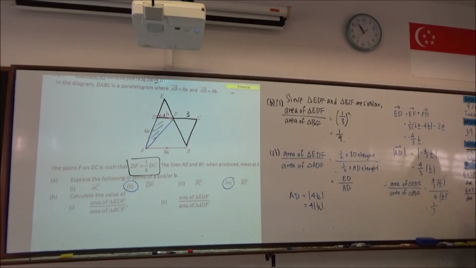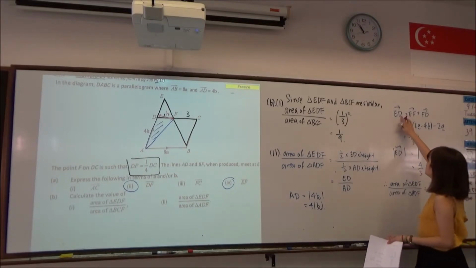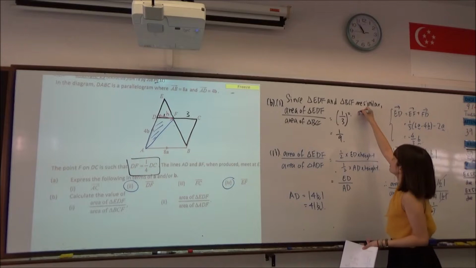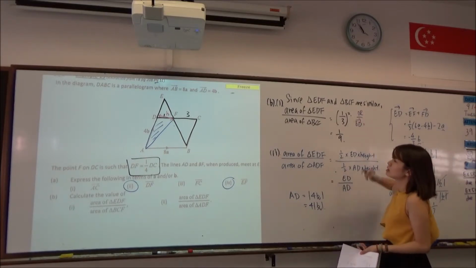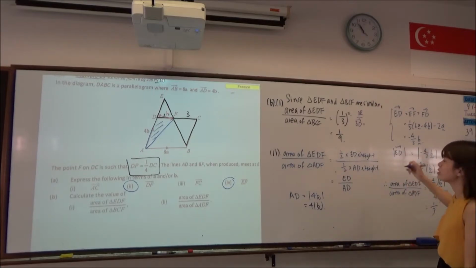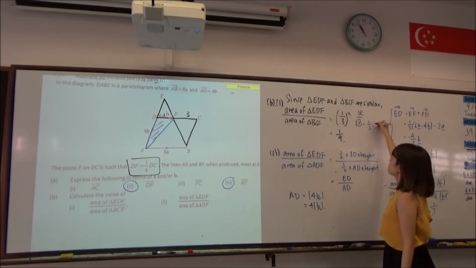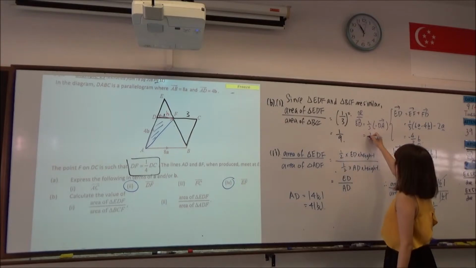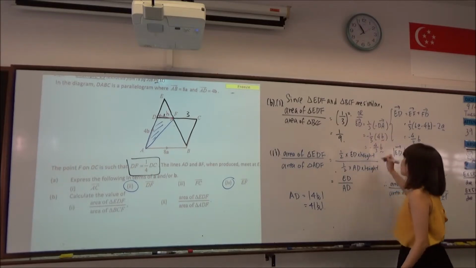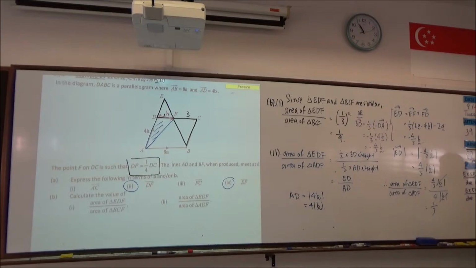So let me just write that out. Alternatively, to find out what is ED, we can find that ED is 1 third of negative DA, right? DA is 4. Okay, so you can also use the ratio.